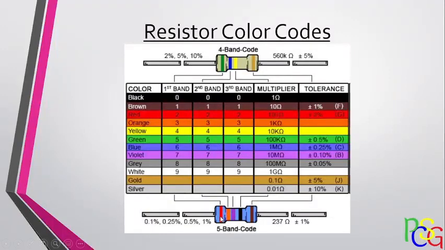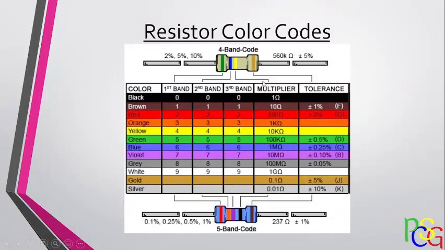So then we have 237 here. And we have the 4th band now, which is going to be the multiplier. Since the 4th band is black, the multiplier is going to be 1. So you multiply 237 by 1, which gives you 237. So this resistor here is 237 ohms. This resistor here is 560 kilo ohms.